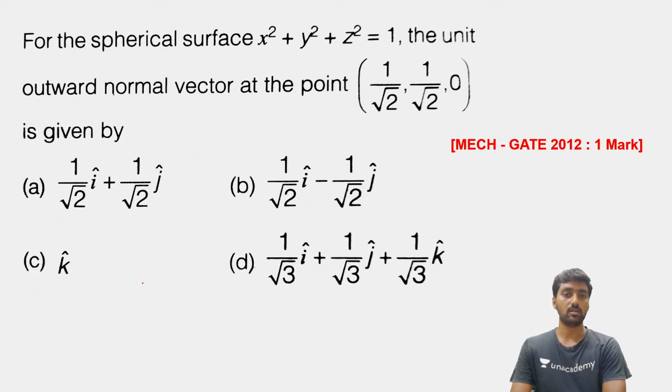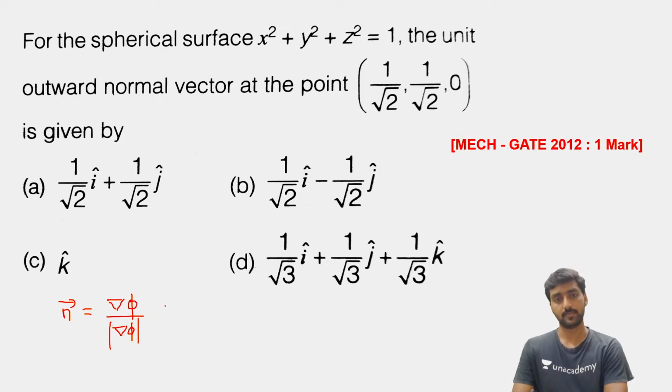Now the unit outward normal vector is equal to del phi divided by the modulus of del phi. What will be del phi? We are all aware of it.